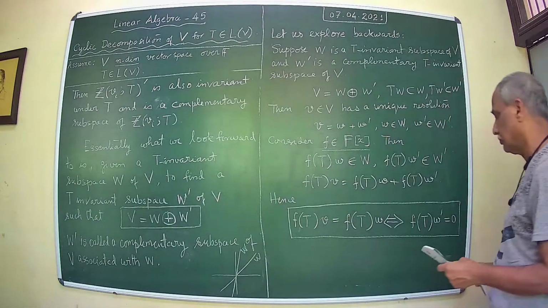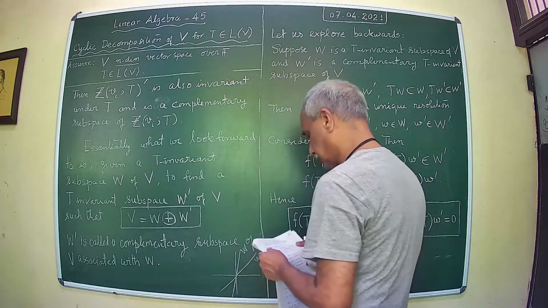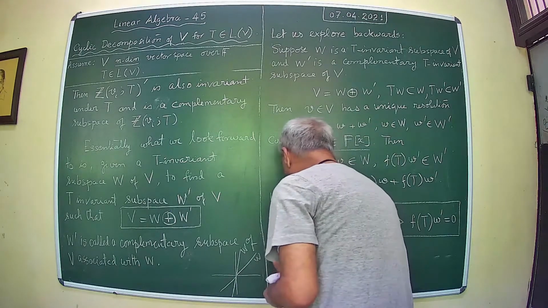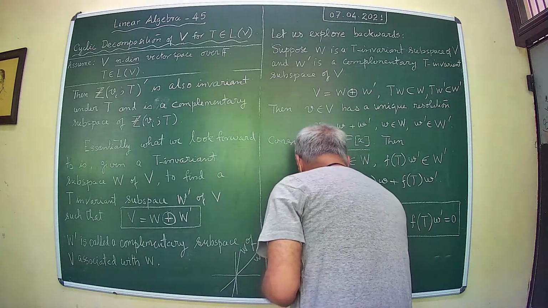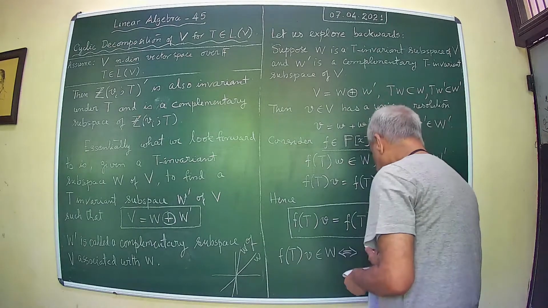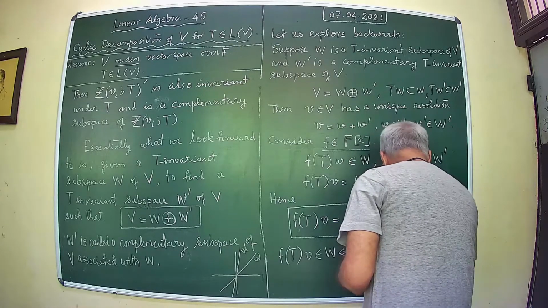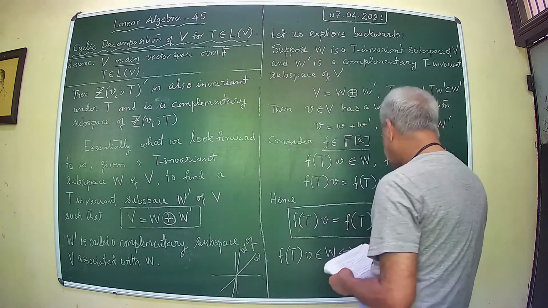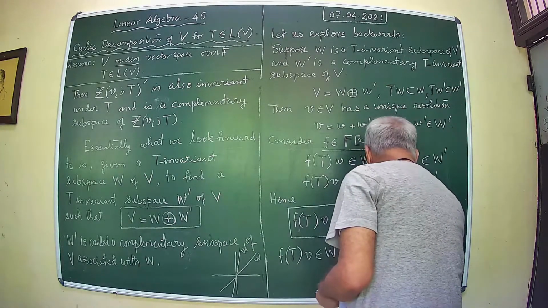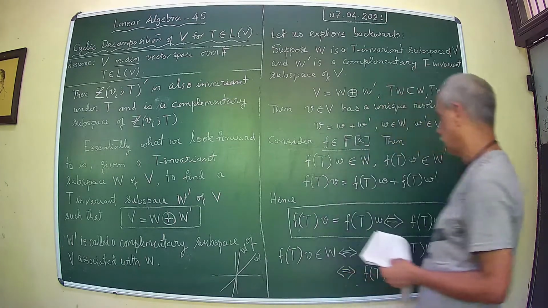That is, f(T) of v belongs to W if and only if f(T) of w prime is equal to 0. This is what we do.